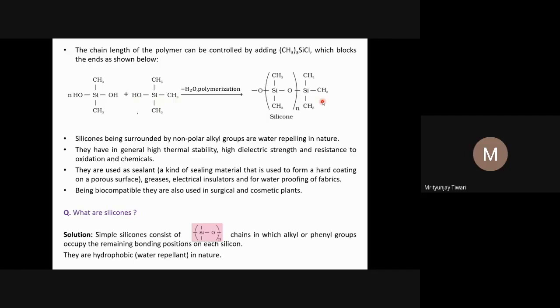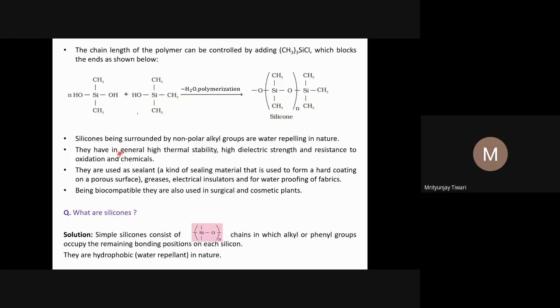It blocks the ends, and this is the kind of reaction that we see. So this water molecule will be removed in the polymerization, and we see the silicone formation, and to end this polymerization we add CH3SiCl just to control the polymerization reaction, or to control the chain length of the polymer.